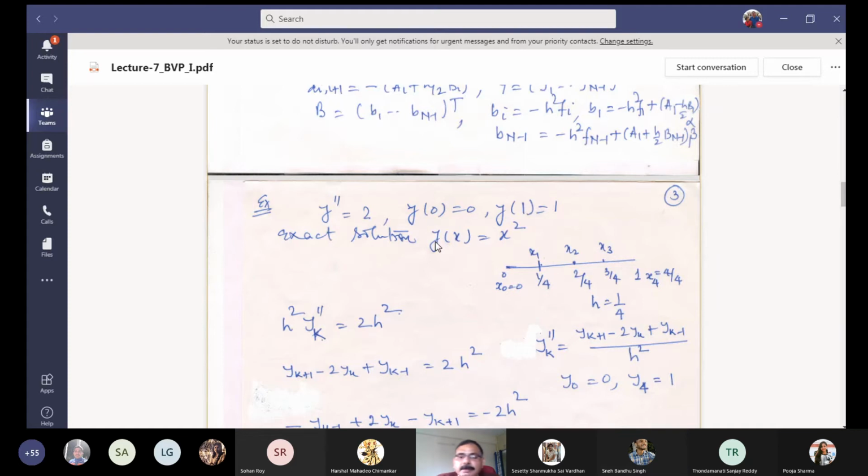So subdivide this interval. You see here I have written 0 and then 1. Using h as 1 by 4, this will be 0, 1 by 4, 2 by 4, 3 by 4 and then 1. So that will be x0 first, then x1, x2, x3 and the last one will be x4.